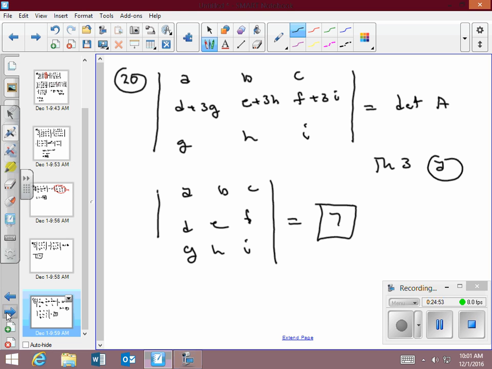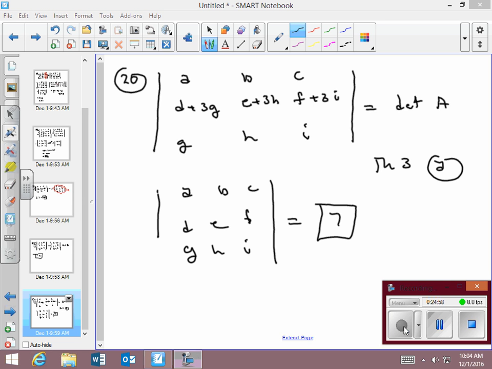It says use determinants to find out if the matrix is invertible. Well, this one, if the determinant of the matrix is not equal to 0, it's going to be invertible. And that's theorem 4. It's on this thing. So the square matrix A is invertible if and only if the determinant is not equal to 0.